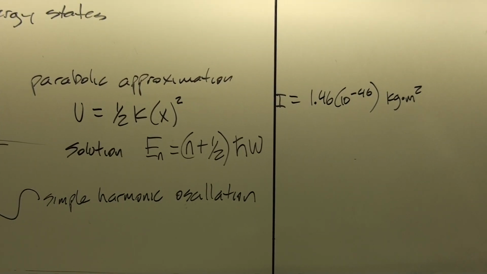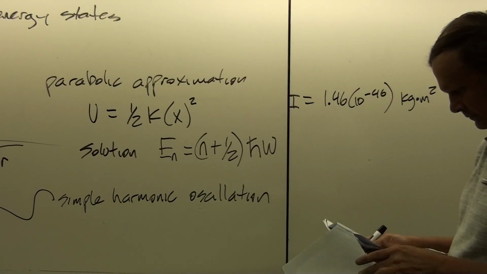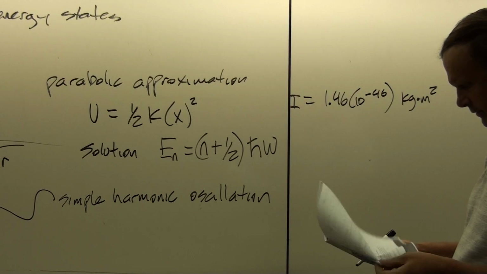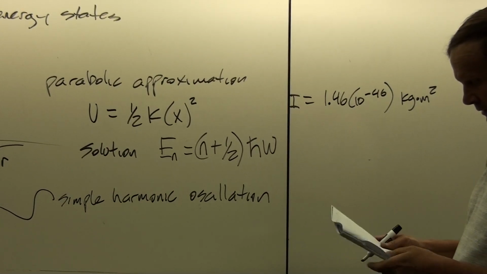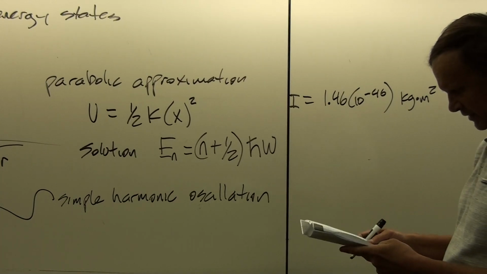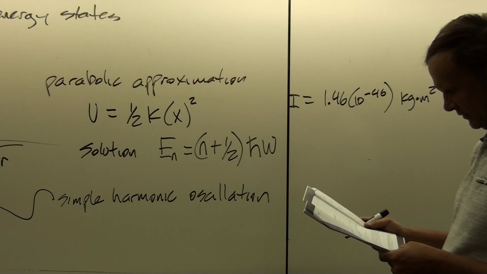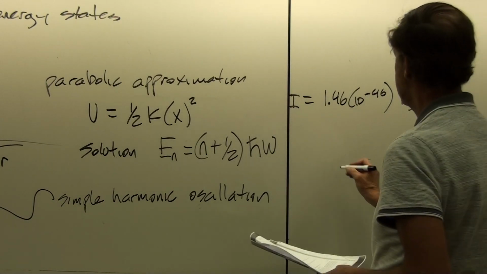So in this next example, say that we're told that carbon monoxide is dissolved in a solution and infrared radiation is absorbed.